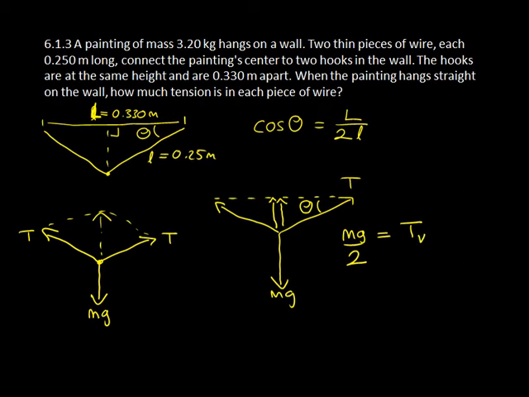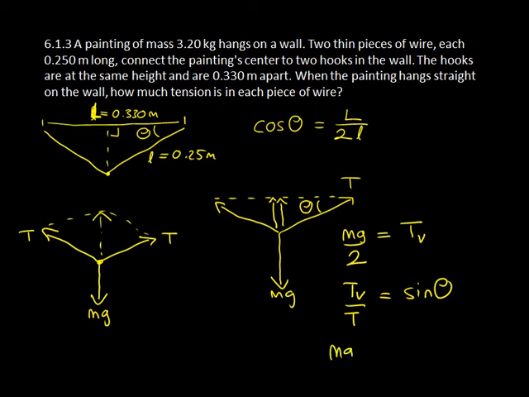And if I look at this diagram, the vertical component of tension is opposite the angle. So the vertical component of tension divided by the tension itself, which is the hypotenuse, is going to be the sine of my angle. So therefore, I can write down that TV is T sine theta.